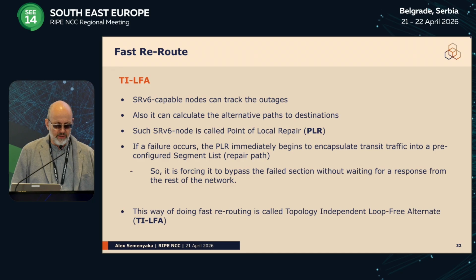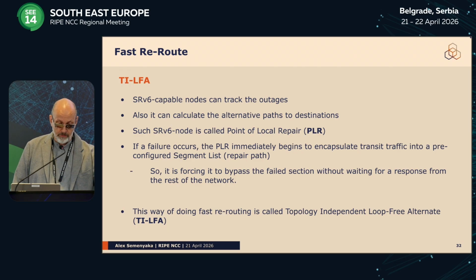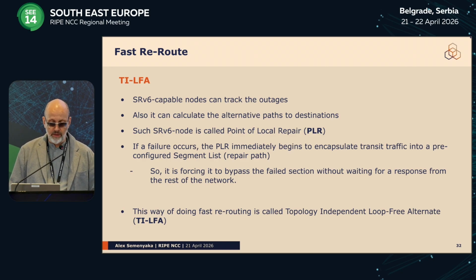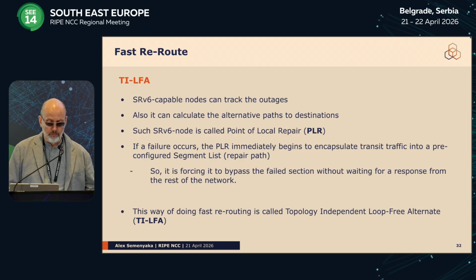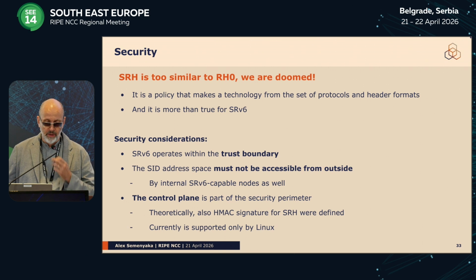That's just an additional function inside our network, an additional IPv6 address signaling that your behavior should be like this. And it starts working immediately when this PLR, point of local repair, sees the problem.